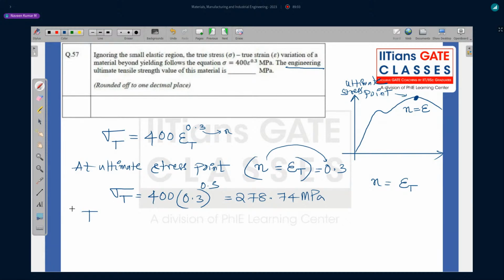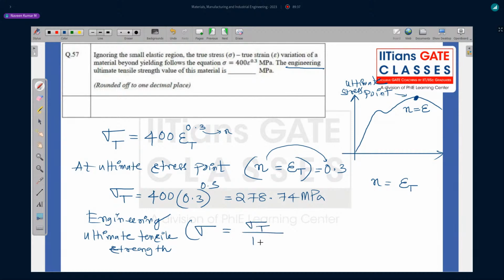So I'll write engineering ultimate tensile strength is equal to sigma t by 1 plus epsilon, right?